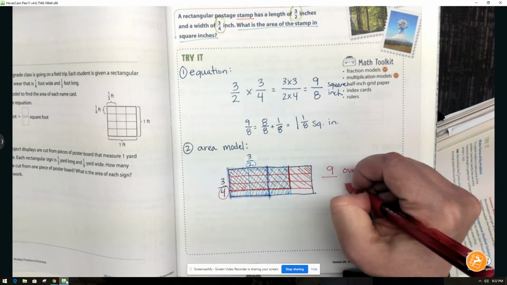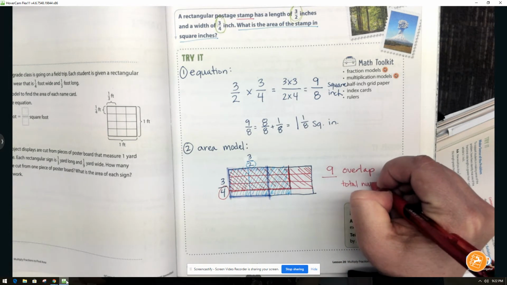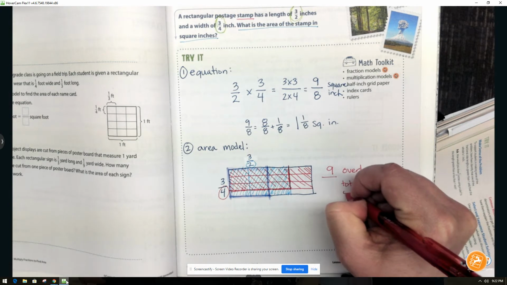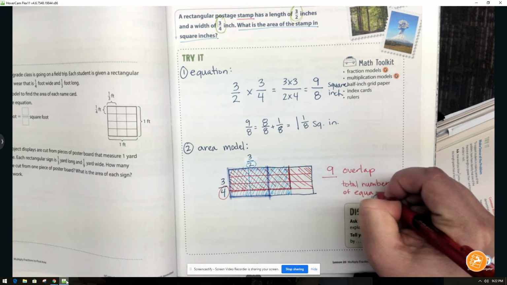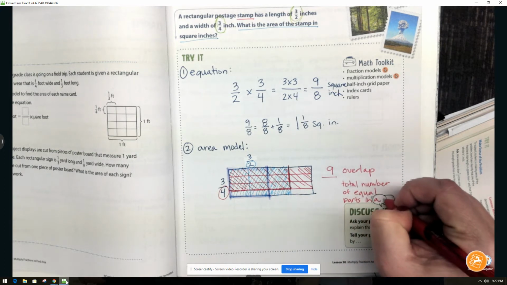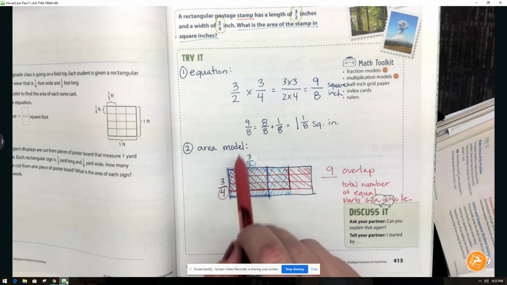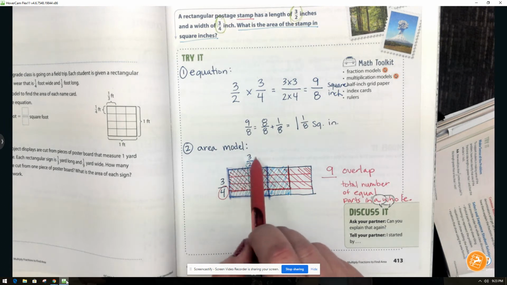Now, the denominator is the total number of equal parts in a whole. Now, this is the hardest part when you are dealing with an improper fraction, or a number greater than one, a fraction greater than 1.